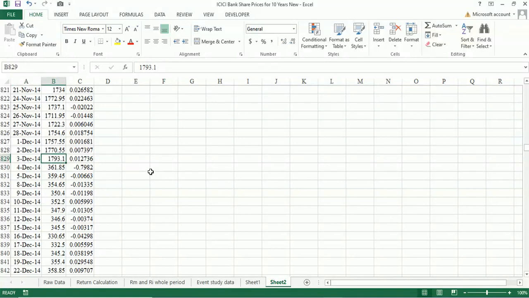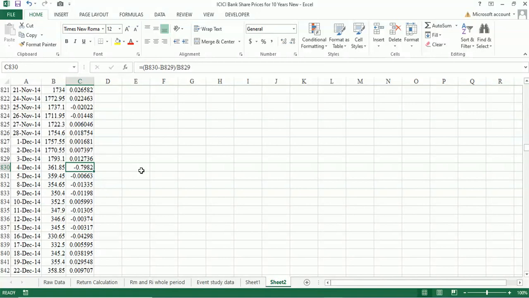The previous day the close price of the share was rupees 1793, and the next day it was reduced to 361. If you calculate the returns, or profit or loss, on the previous day, 3rd December, it was about 1.3% profit, but the very next day it was almost an 80% loss to the shareholders.